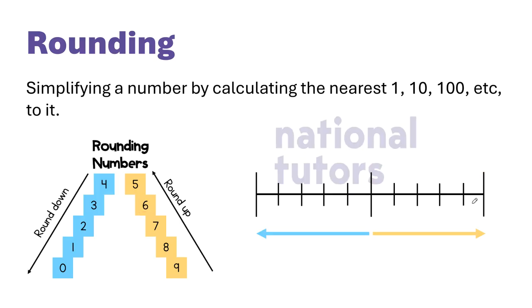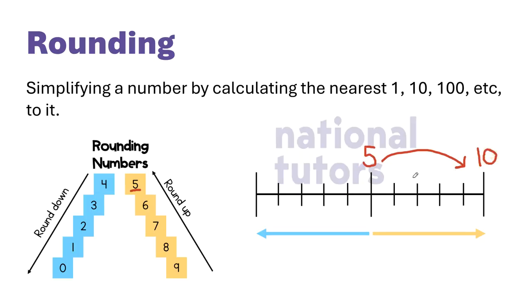Let's try another example. What if I had the number 5? Would I round up or would I round down? 5 is just on the cusp, but the rule is if it ends in a 5, we round up. So we would round the number 5 up to 10.